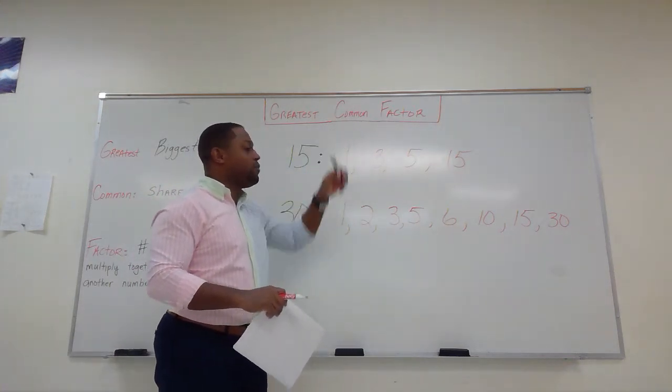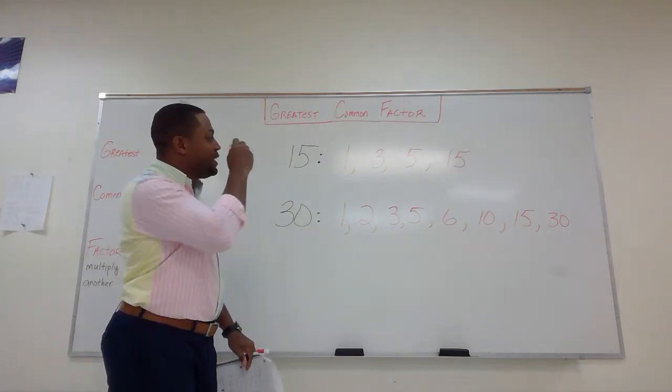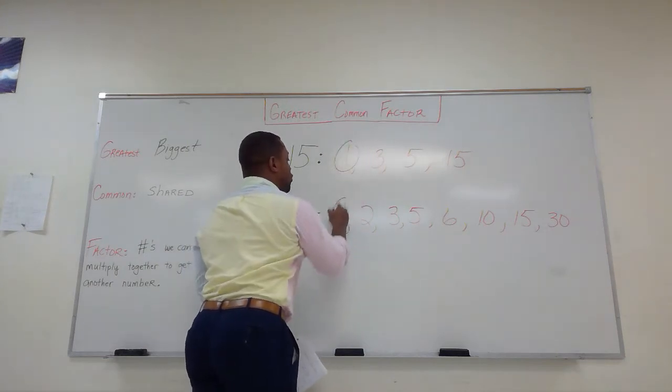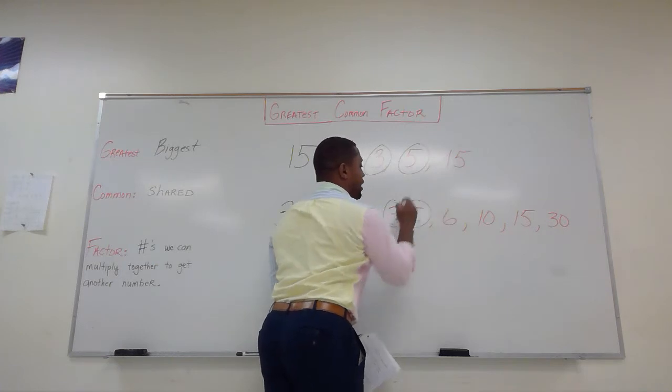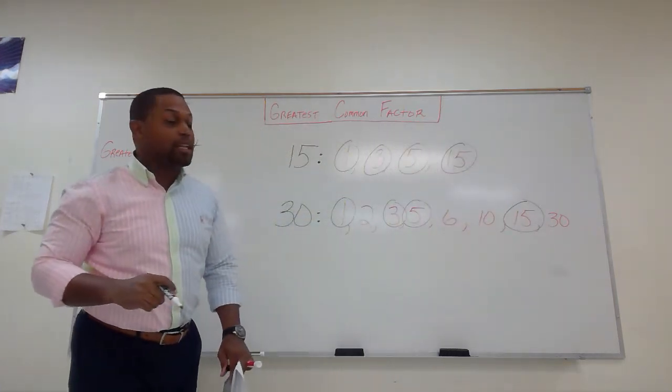We know common means shared. So let me circle all the factors that these two numbers share. Okay, so that would be 1 and 1, 3 and 3, 5 and 5. They both share the factor 15 as well.